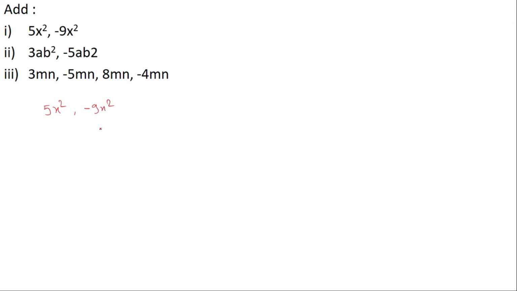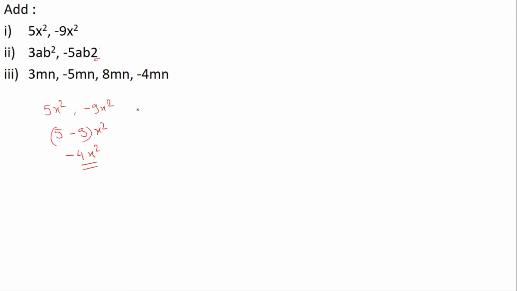So what we will do? 5 minus 9, we will take the variable term common, and we will get minus 4x square as the answer. In second one we are having 3ab square and minus 5ab square.